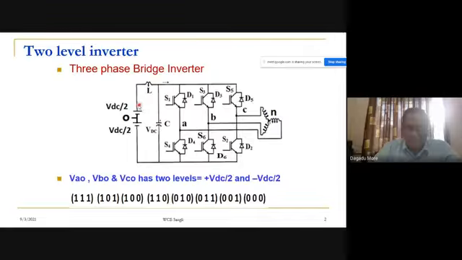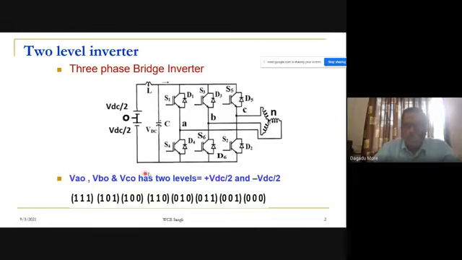For that, we divide the DC voltage equally, and the center point of this DC voltage is called O. With respect to this point, we measure VAO, VBO, and VCO. These voltages we can call pole voltages or node voltages.